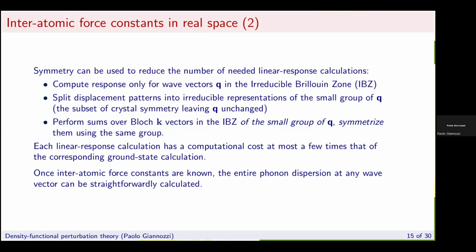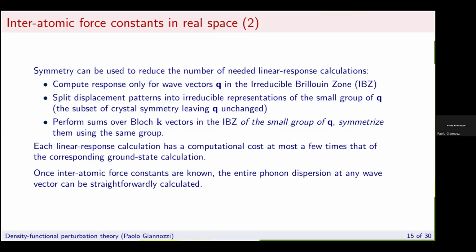So this means that when we sum over Bloch vectors of Kohn-Sham orbitals K, we have to consider all K's that are in the irreducible Brillouin zone computed with respect to the subgroup that leaves the wave vector Q unchanged. It's a little bit confusing maybe, but basically you cannot use symmetry twice completely, both for phonon wave vectors and for Bloch vectors of electrons. You have to use it only once.